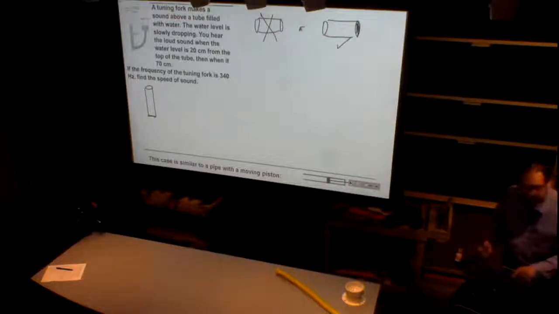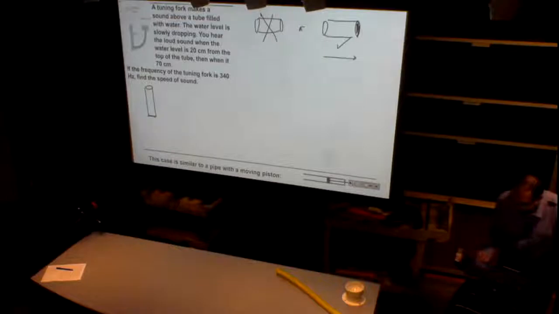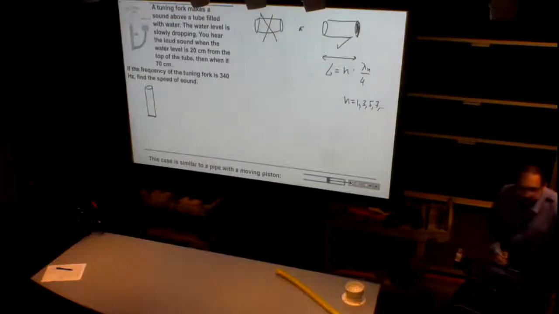For this case, what do we know? Well, we know how to relate the length and wavelength. We just need to remember two things about a pipe like that. We have to count quarters, and the number n must be odd, like we are. That's it.